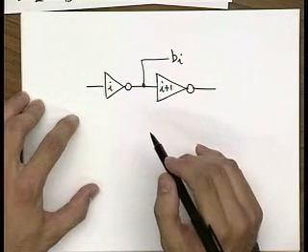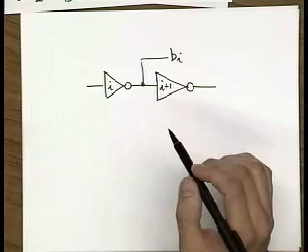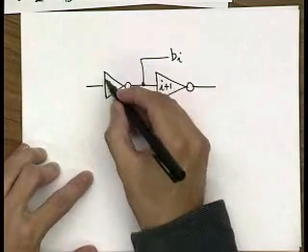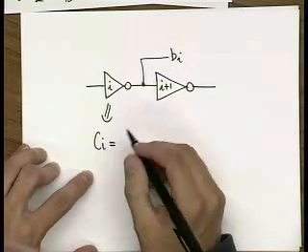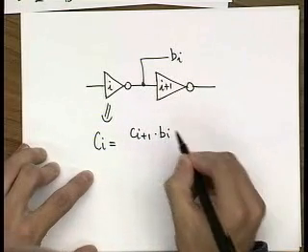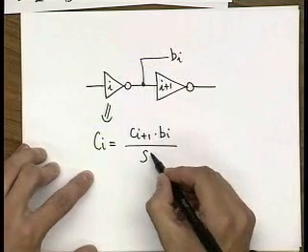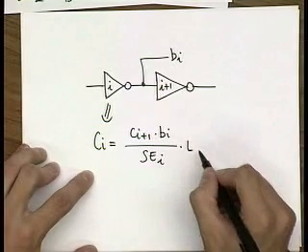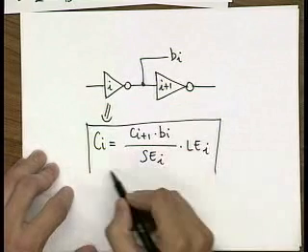And you have to be careful about that, because in your project, when you branch off at the first stage, you're not going to have the same sizes. Finally, when you calculate the input capacitance of this guy, Ci is equal to Ci plus 1 times Bi, because that's the total fan-out of this guy, divided by the stage effort of stage i, times the logical effort of stage i.